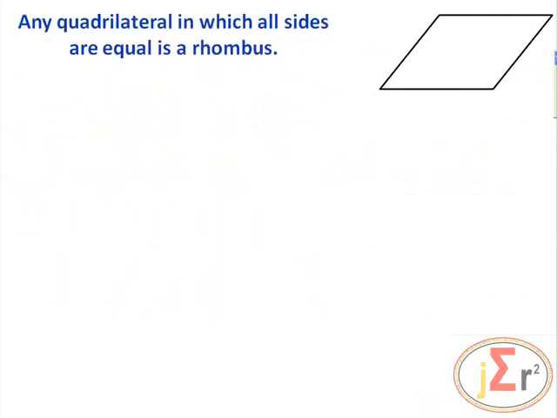Any quadrilateral in which all sides are equal is a rhombus. What is a quadrilateral called when all sides are equal, Jerry? A rhombus. It is called a rhombus. A rhombus is a quadrilateral with all sides equal.